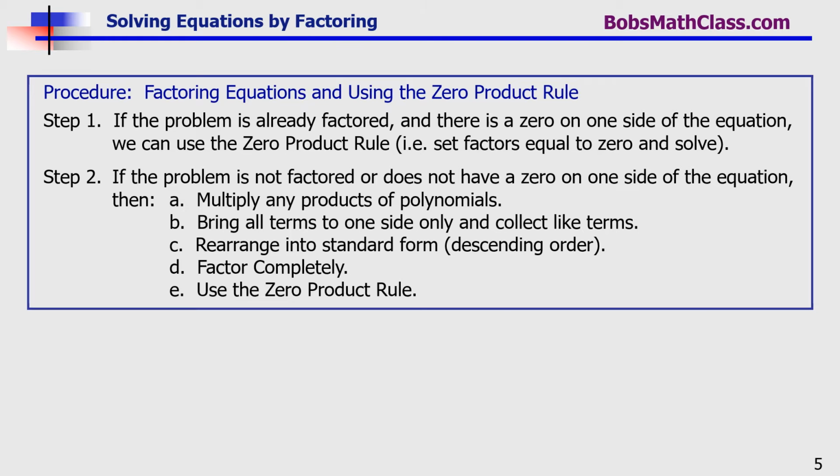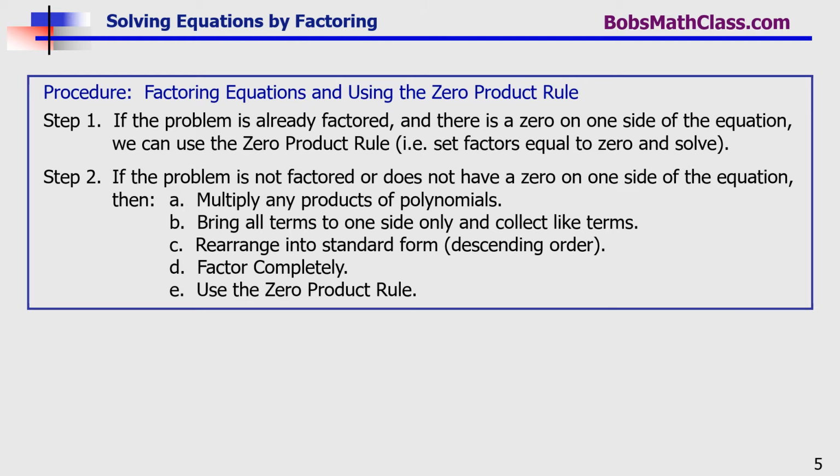Again, this is only if there's not a 0 on one side. Let's say there's a 5 on the right-hand side. If the left-hand side is factored already, it's too soon. You have to multiply it out. That's what A says.